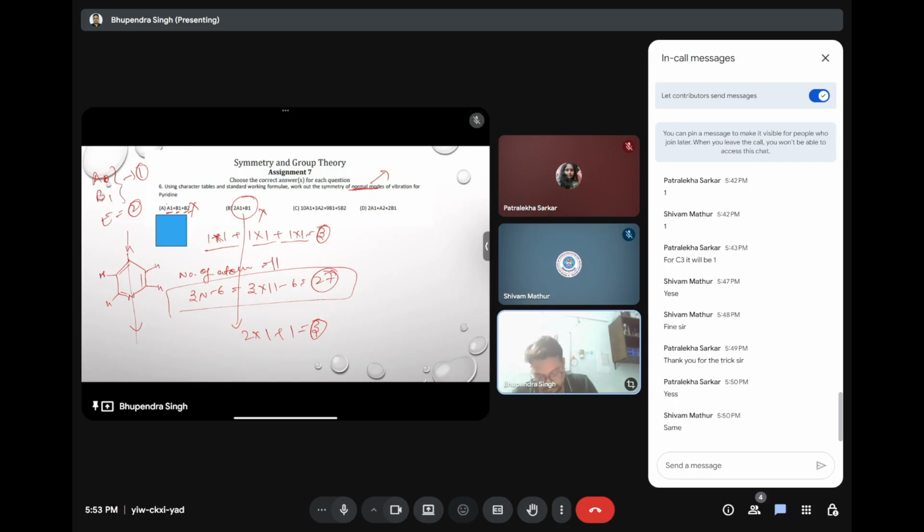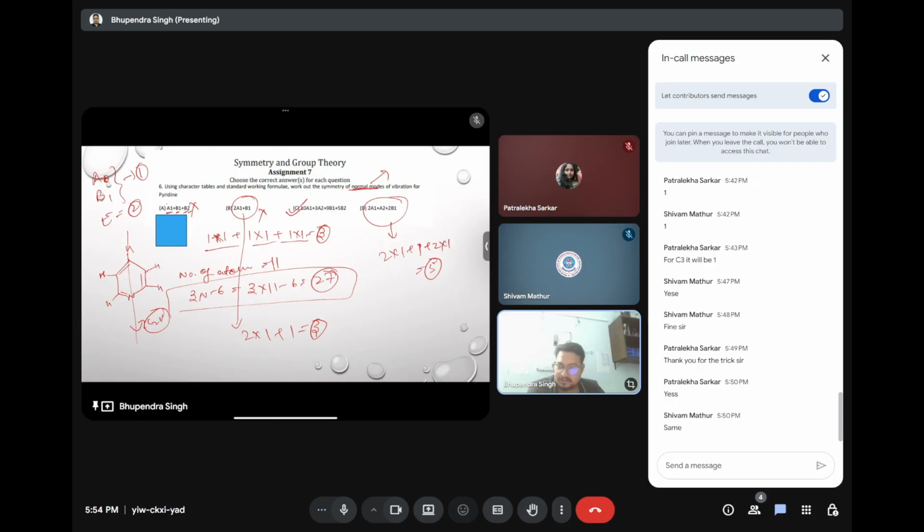So here it is the C2V point group. So using the C2V point group character table, you can solve it. For this one also, 2 into 1 plus 1 plus 2 into 1, so 2, equal to 5. Cannot be the answer. So this will be your answer.